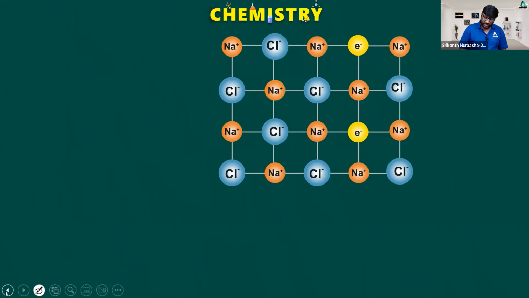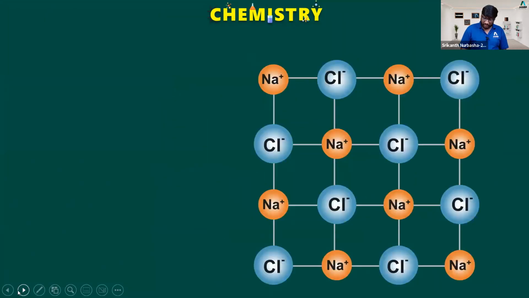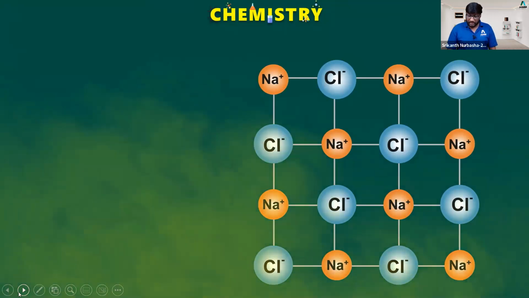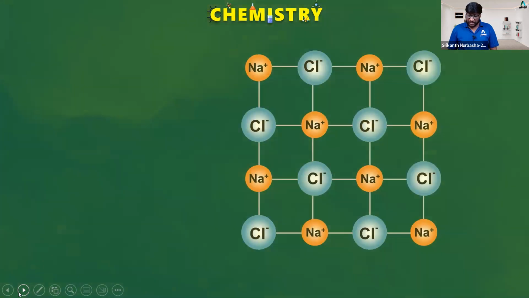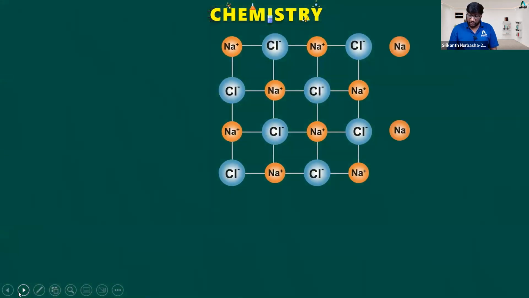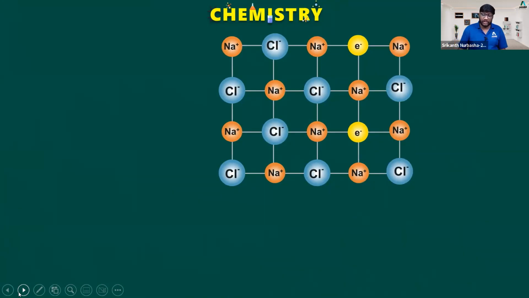This is a very good animation actually. This is NaCl, we are heating with the sodium vapor. So what happens? Na plus ions are there. Cl minus wants to develop new attraction with Na plus to form a solid, and the vacancy positions are occupied by the extra electrons. So those are nothing but F centers.